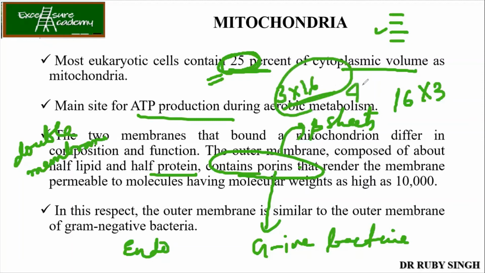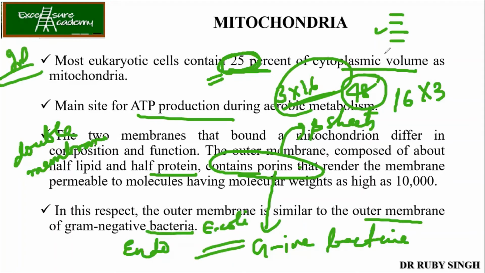So around 48 beta sheets are present, making the porin a cylindrical system by which all those materials or waste products are expelled out. When all these porins, other proteins and lipids were studied, it was found that the membrane is similar to the outer membrane of gram-negative bacteria like E. coli. So this slide also becomes important to remember.